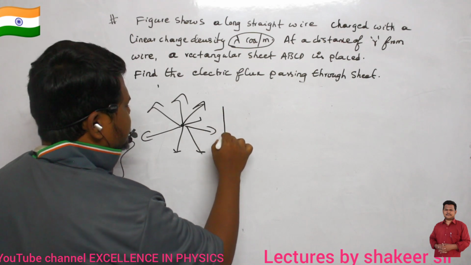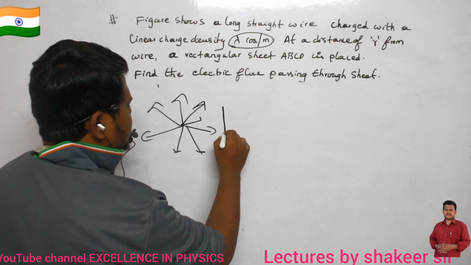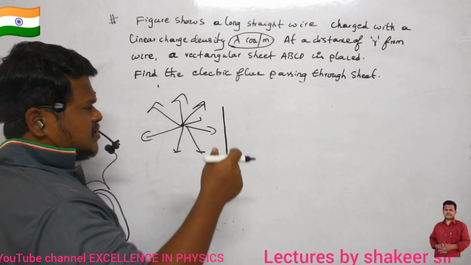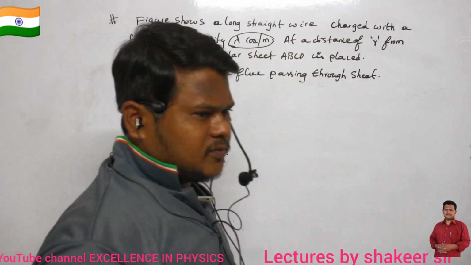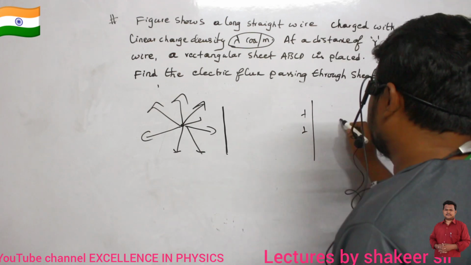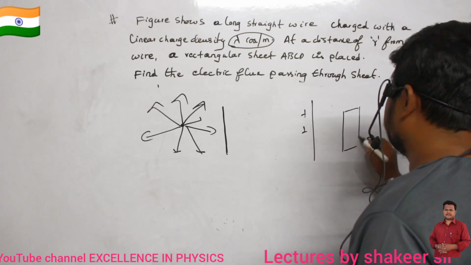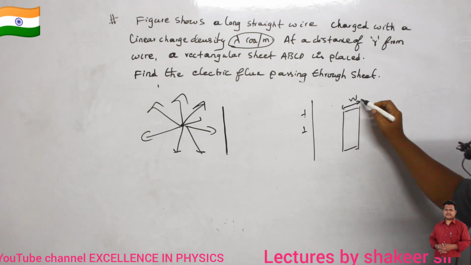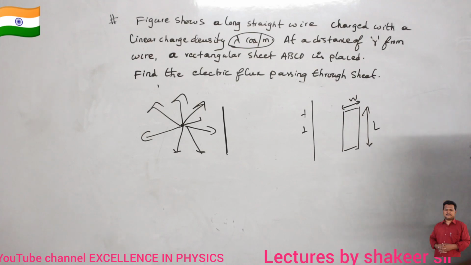My sheet is present here. If I look from the top, what length will I see? Will I see length L or width W? This is the line charge, and this is the sheet which we have drawn. This length is given as W, and this length is given as L.